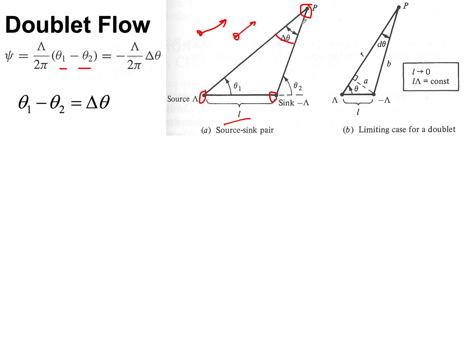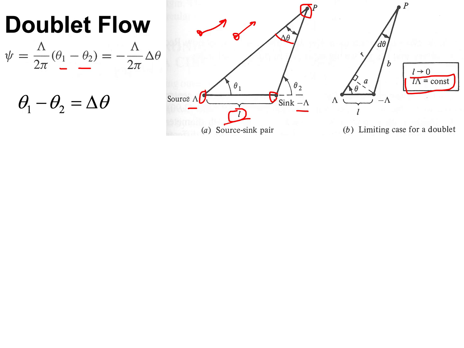In the definition of the doublet, the source and sink are of equal strength, and if I want to put the source on top of the sink, this L is going to go to 0. But to make my definition of the doublet, the L times the strength remains a constant as I make L go to 0.